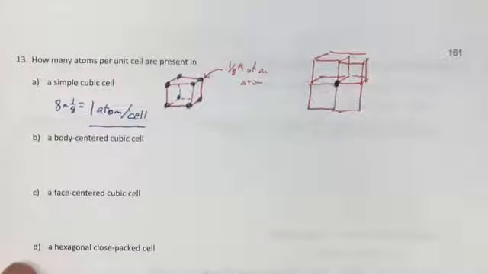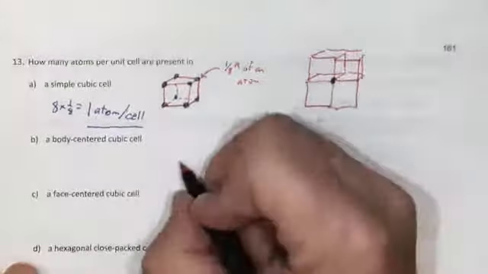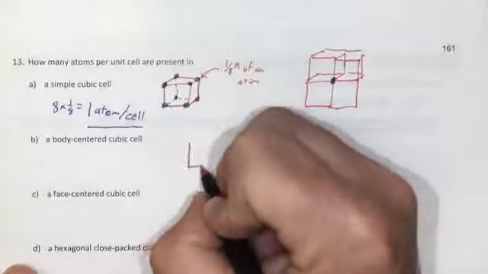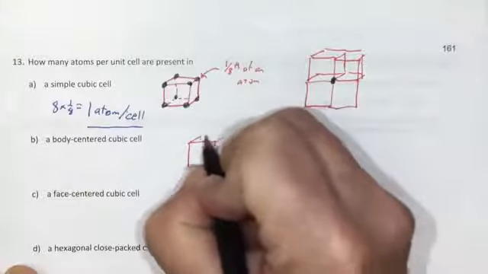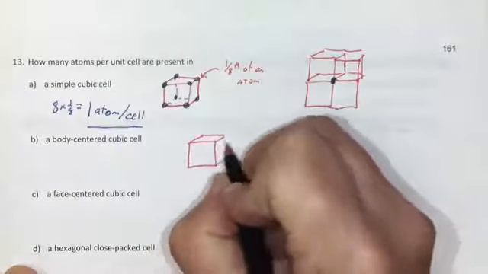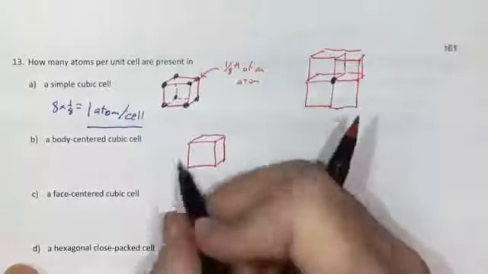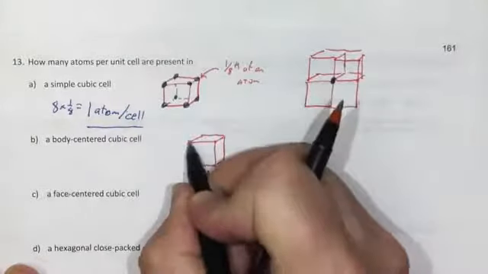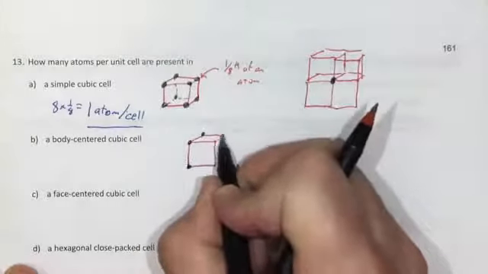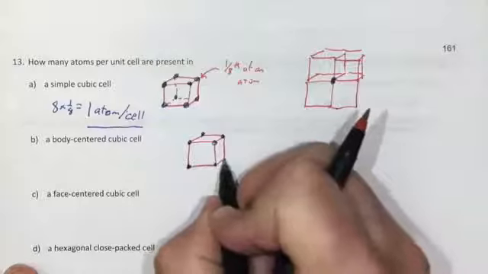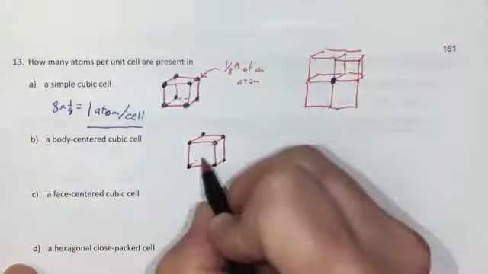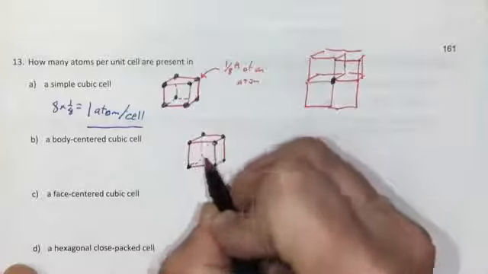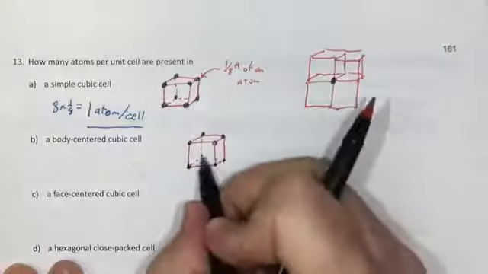For a body-centered cubic cell, once again I'm going to draw a cube. There will be an atom at each corner, and let's go ahead and draw this. So there's one right here.